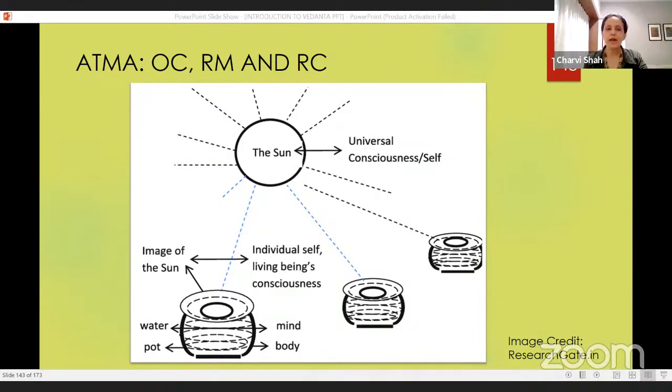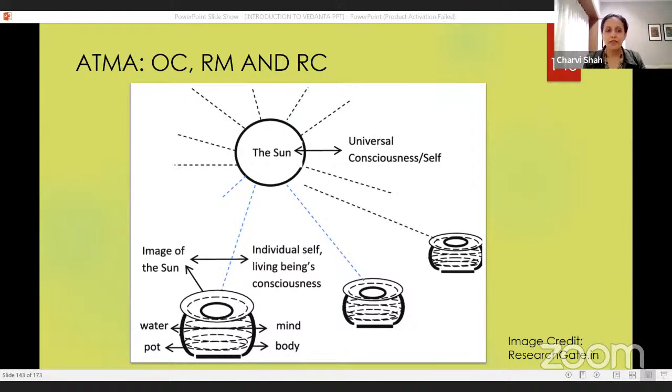First we had taken that example to understand consciousness, the Chit aspect of Atma. Now we'll use the same example to understand the Ananda aspect of Atma. So let us take the sun to be the original Ananda, which is Atma.